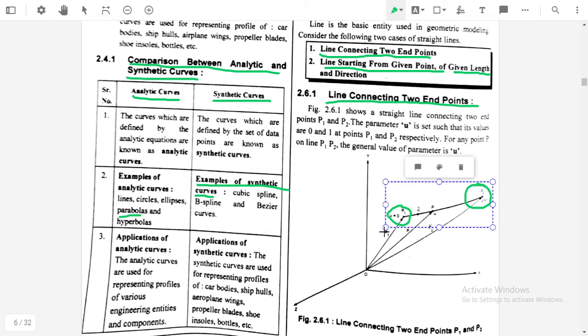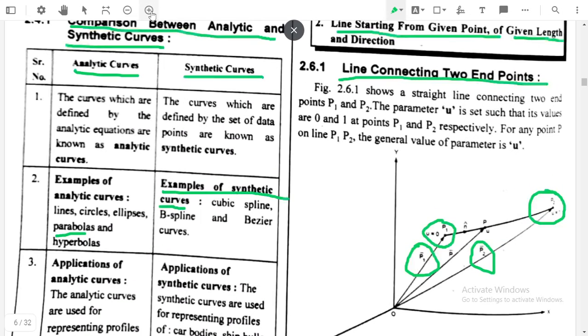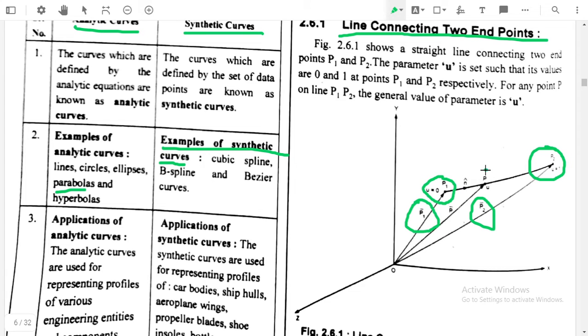P1 bar is the vector of the point P1 and P2 bar is the vector for point P2. Here we consider any point P on the line joining P1 and P2, and its vector is P bar.